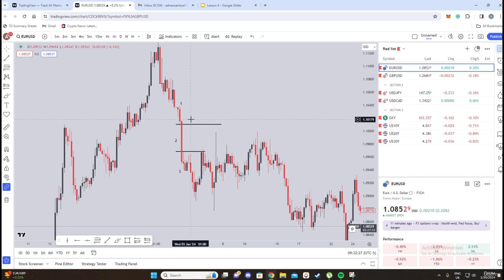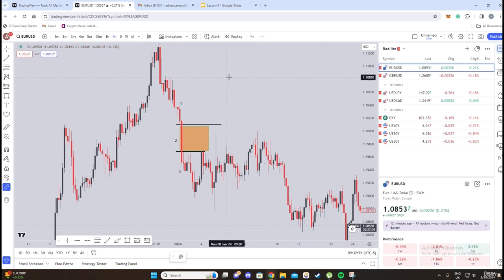At this point, imagine everything to the right here didn't happen yet, and it's just this gap here. This is inefficient because price did not trade up. There's no wicks, there's nothing. It's a whole gap. It's empty. That's why it's called the fair value gap. And this is an inefficiency in the market.